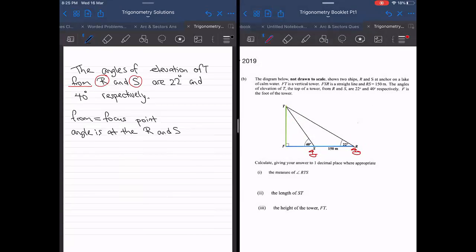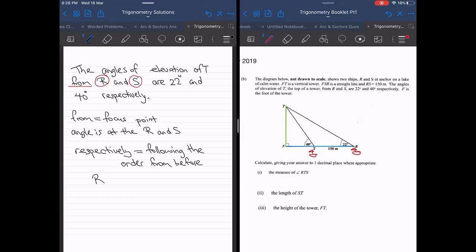Then it says respectively. So in questions that generally means following the order from before.